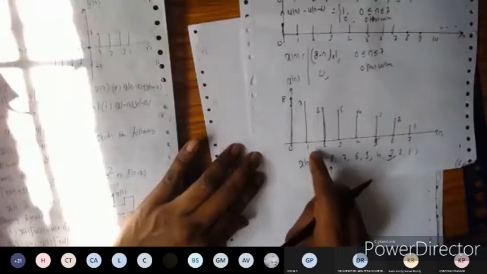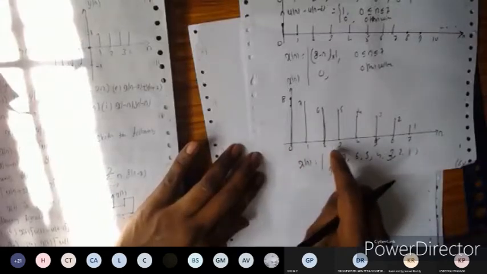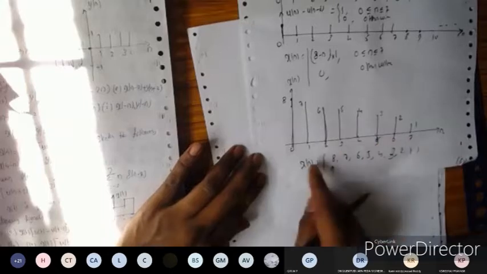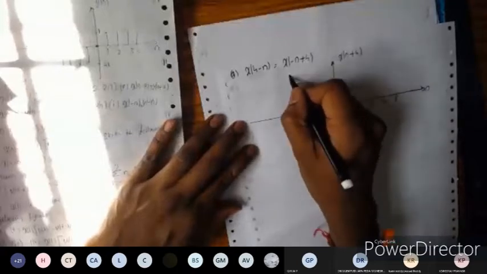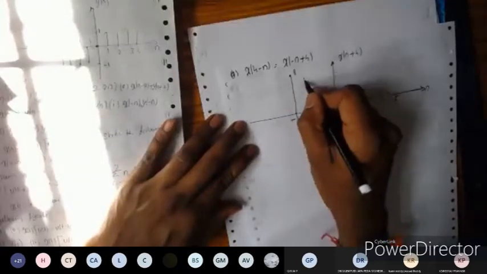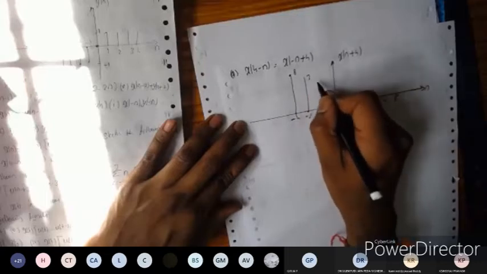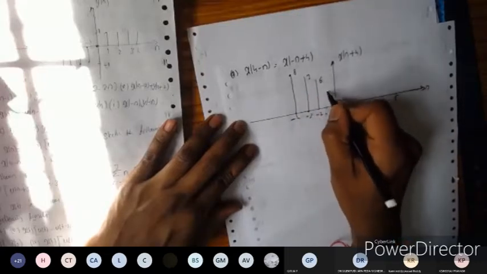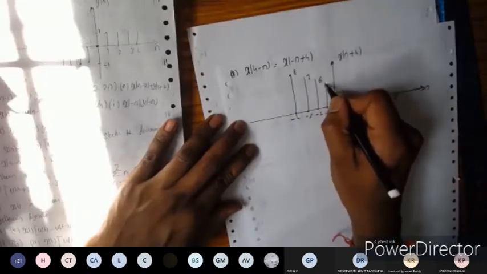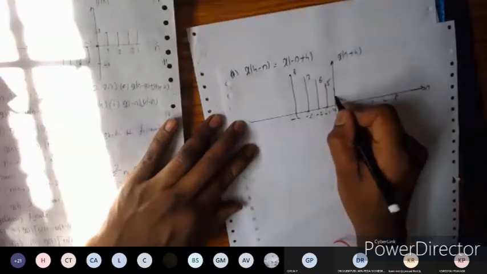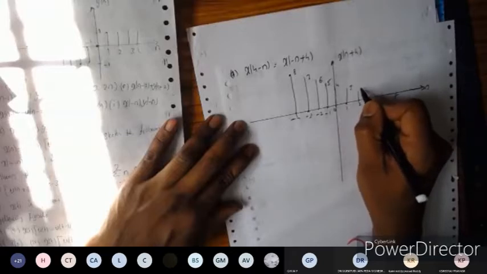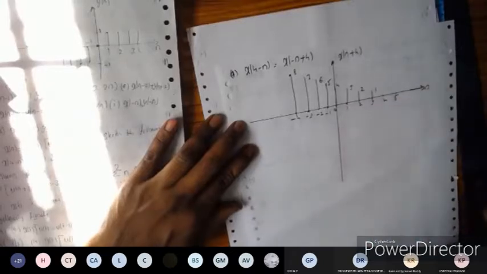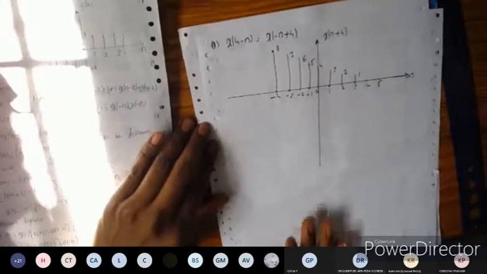Minus 4 with 0 is minus 4. Minus 4 plus 1 is minus 3, minus 2, minus 1, 0, like this. This is going to start from minus 4. So at minus 4, the amplitude will be 8. At minus 3, the amplitude will be 7. At minus 2, it is 6. At minus 1, it is 5. Then 4, 3, 2, 1. This is x of n plus 4.